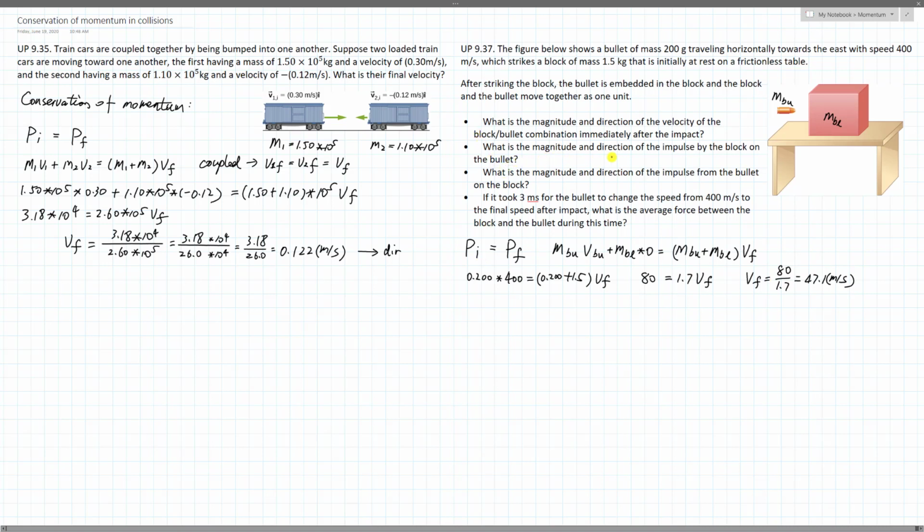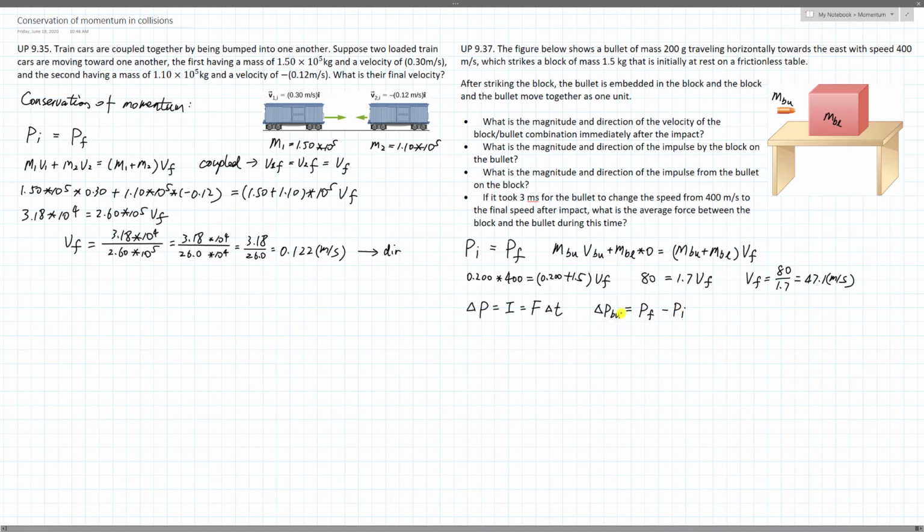The second part: magnitude and direction of impulse by the block on the bullet. Okay, so let's recall the change of momentum of anything is due to the impulse. The impulse on the object is force and duration. So the change of momentum of the bullet should be momentum final minus momentum initial.